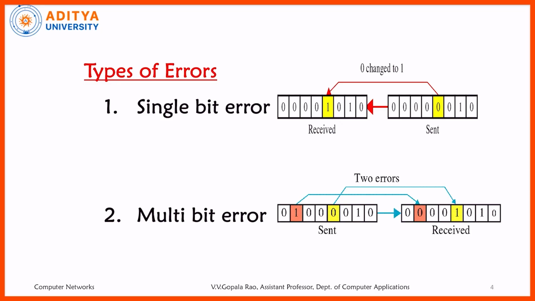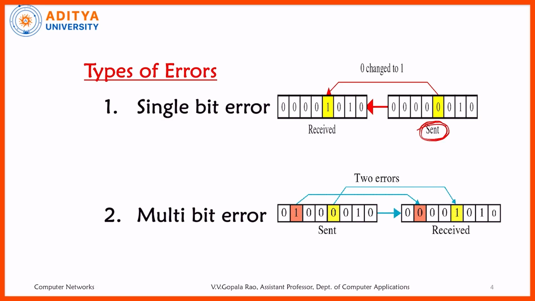One is called a single bit error. In this you see that the yellow one is where the error has taken place. Let us say there is a sender which is going to send a frame filled with some zeros and ones.